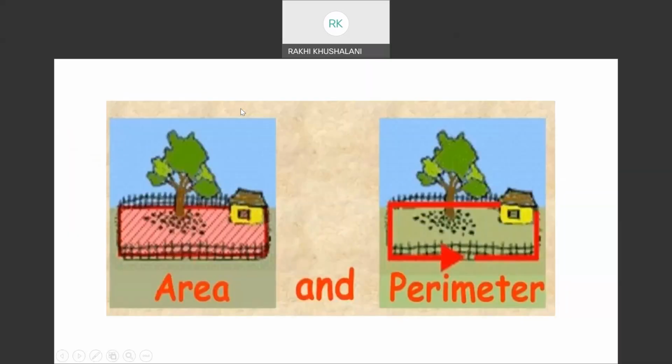The portion that is covered, if you can see my arrow, this portion that is lawn or whatever they are growing, the seeds, doing the plantation, is the area. And the border around this particular field is called the perimeter. We have got more examples.